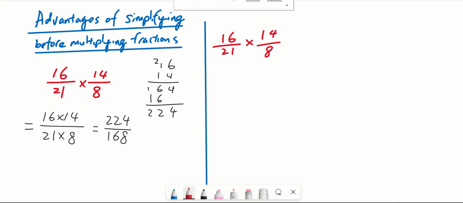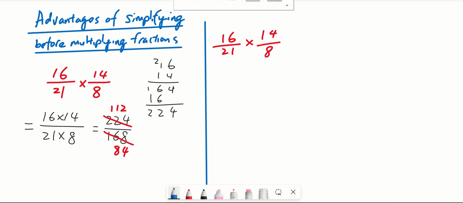So I'm going to divide 224 by 2, that should give me 112. I can divide 168 by 2 as well. That should give us 84. Now, you realize that we can perform further simplifications because both 112 and 84 are even numbers.